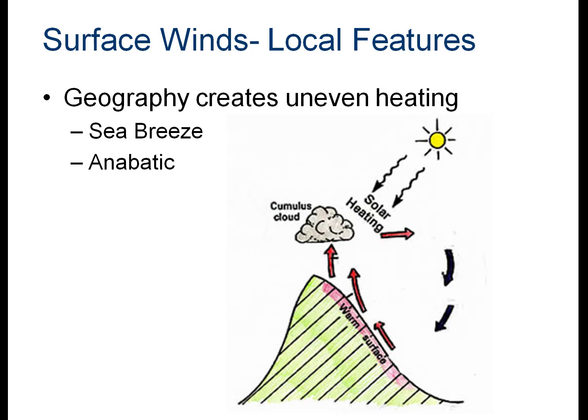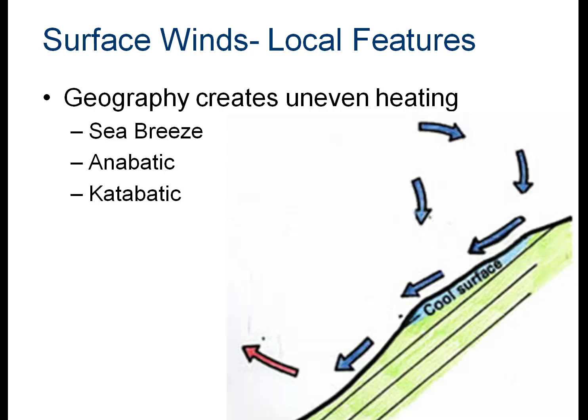We see that in Arizona quite a bit. We live in a valley, so you'll see thunderstorms build around the valley perimeter, and that is the mountains around the valley heating and rising, and then the coolness of the rising air making the clouds.